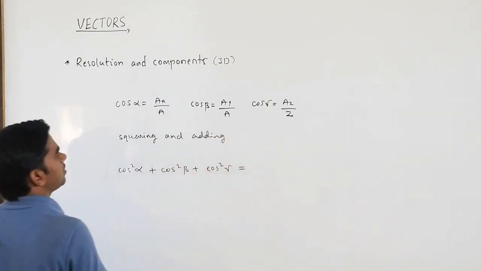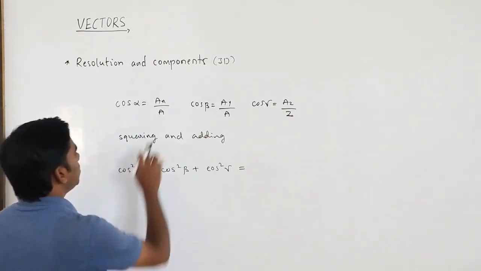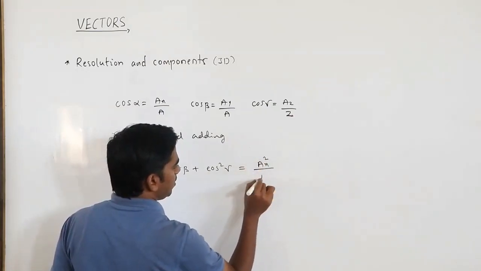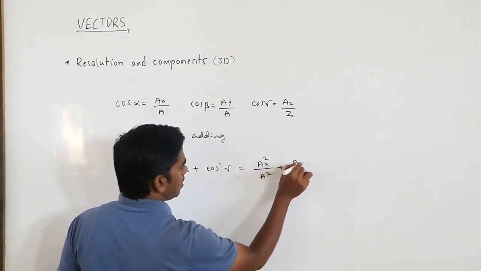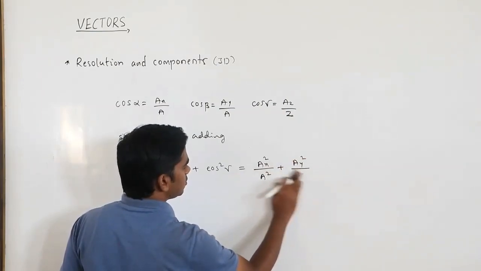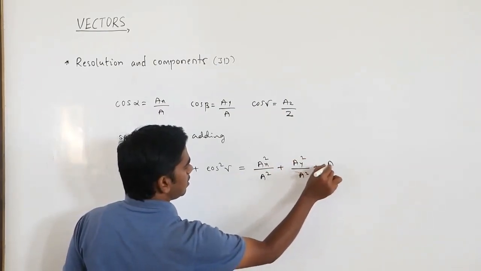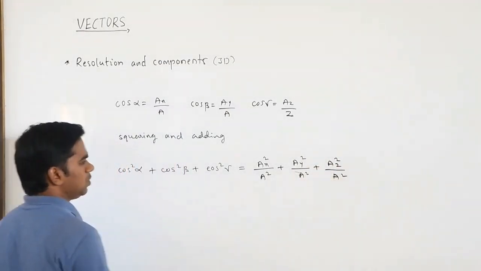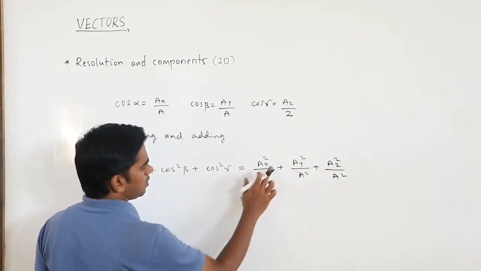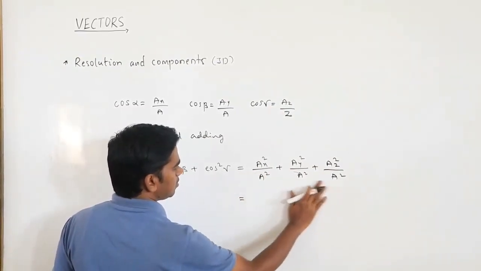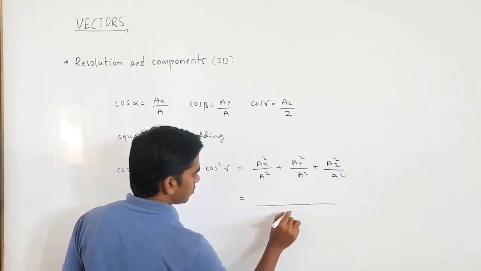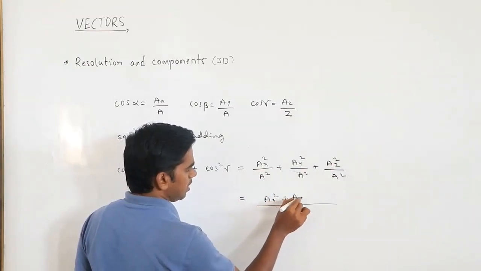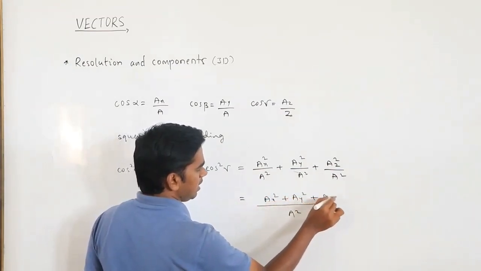Cos square alpha plus cos square beta plus cos square gamma is equals to Ax square by A square plus Ay square by A square plus Az square by A square. See here now, this denominator is the same only, so you can take A square as common. So this will become Ax square plus Ay square plus Az square.